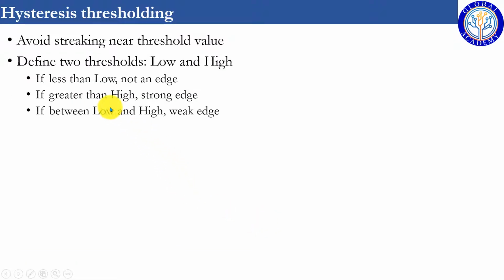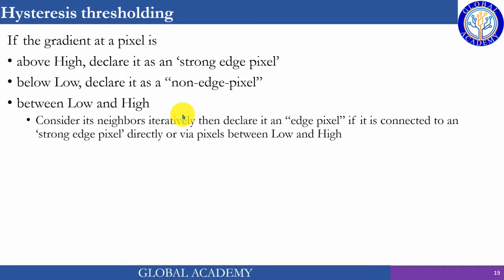So you can categorize your edges: if the value is less than low, then it's not an edge. If it's greater than high, then it's a strong edge, and if it's between low and high, it's a weak edge. So we can tag all the edges. Then we can make a simple decision based on our tagging: if it's a high value, we declare it a strong edge, and if it's less than the low value, we drop that pixel.